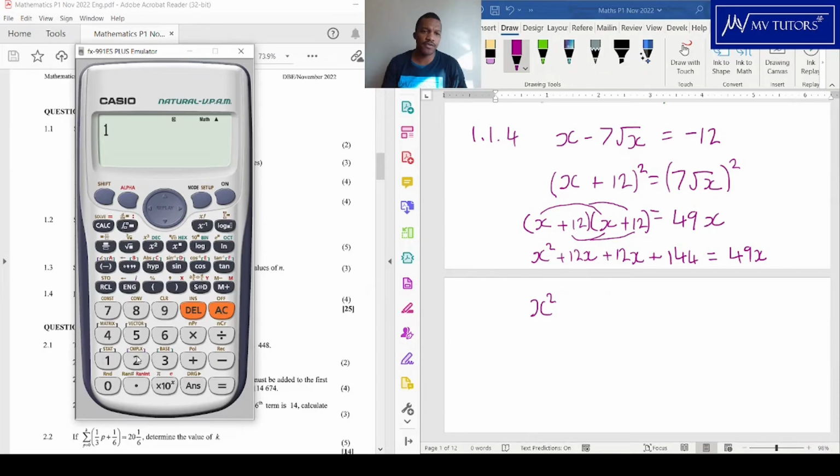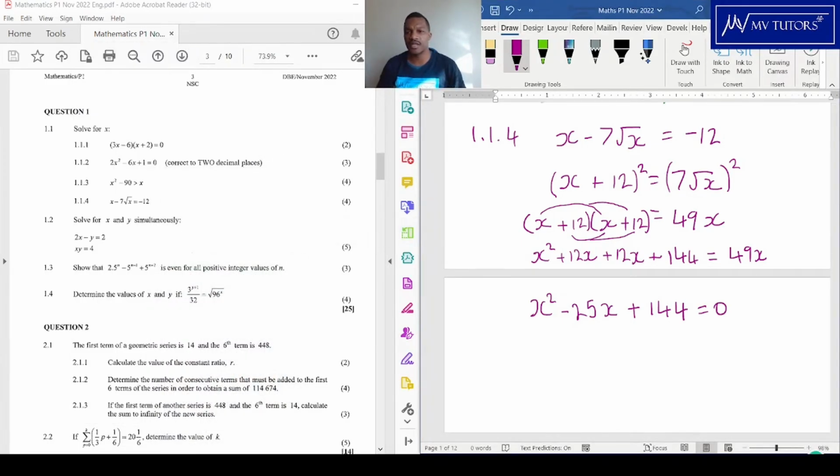Those are all coefficients of x, minus 49, and that gives me minus 25x, and then plus 144 equals 0.